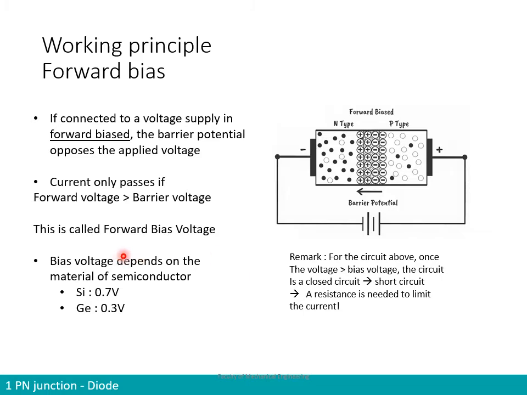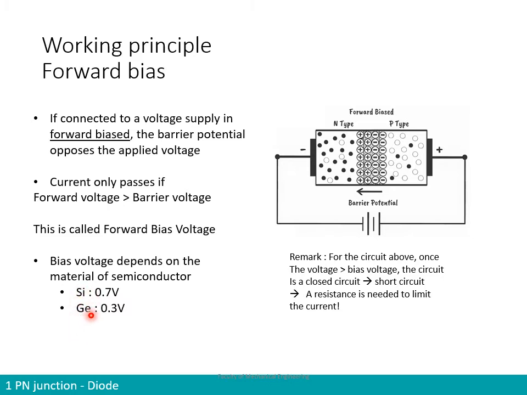So what's the amplitude of the voltage that we need in order to make the current go through a diode in forward bias? Well, it depends on the material of our semiconductor. I've mentioned there are two types of semiconductor materials that we use a lot, either silicium or germanium.